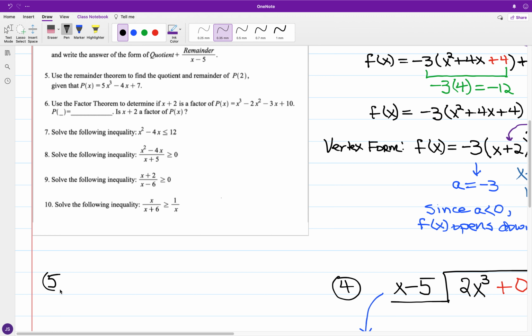So you have a polynomial, p of x is equal to 5x cubed minus 4x plus 7, and it says find the quotient and remainder, which you have represented by p of 2.